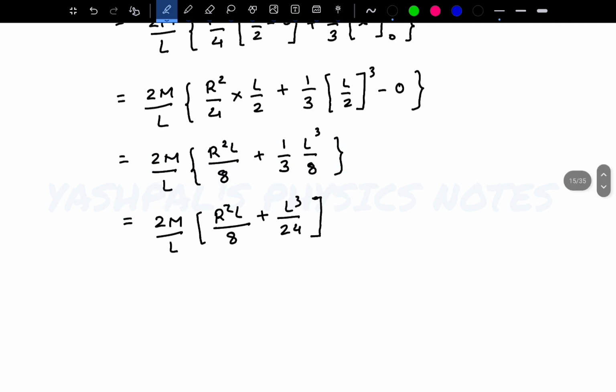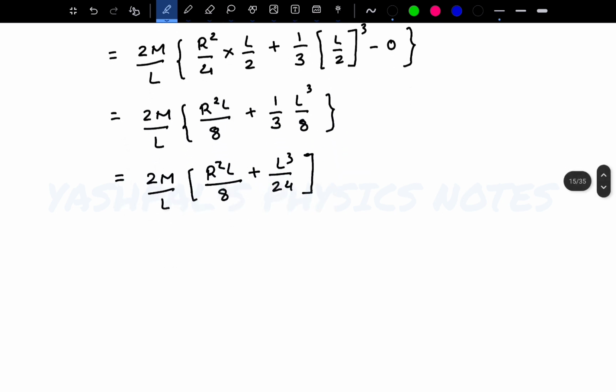Bracket close. Now see, there is a term L in both the terms. So I can take one L term outside.